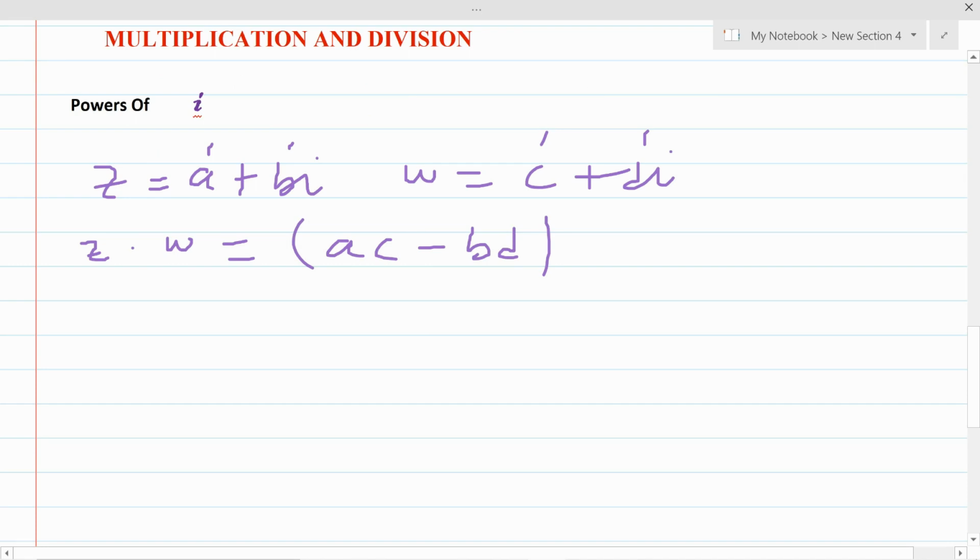Then you take the first one again and multiply it by the last one, this time with plus, so it's plus AD. Then plus B times C, so BC. So it's first times first, last times last, then you subtract them. Then this one comes first times last, last times first.